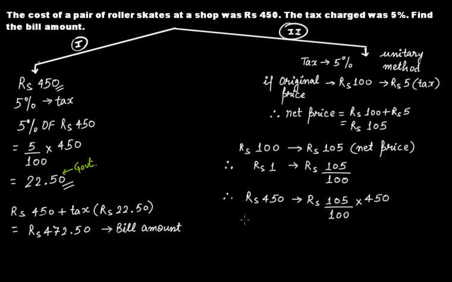If you solve it, you'll get rupees 472.50. You'll get the same amount as the first method. This is the bill amount. So we have used the unitary method in this case.